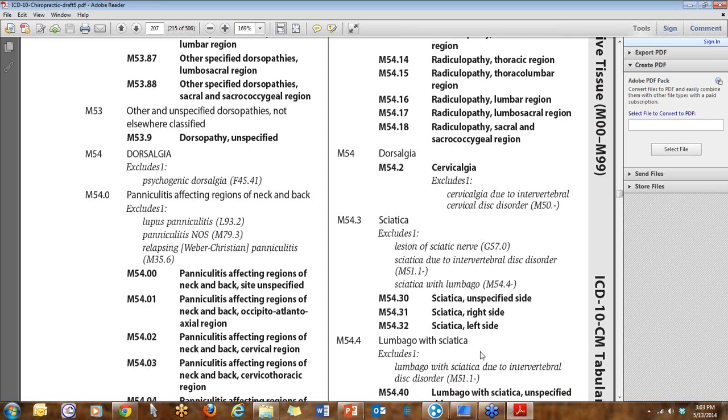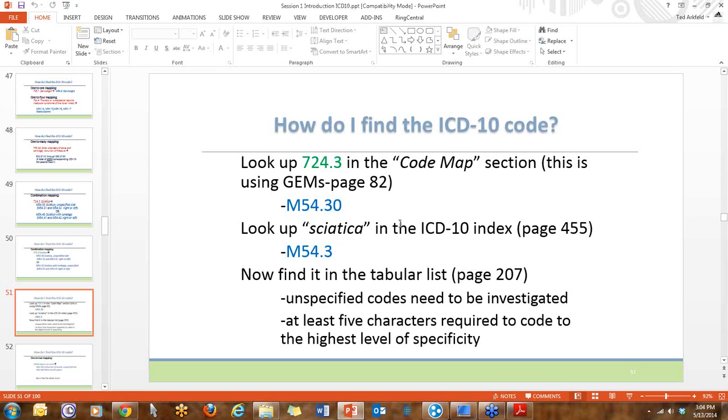So now if you just have sciatica, no low back pain, and we don't know what's causing it, so you don't know if it's a disc or not, you would stay with M54.31 if it's on the right, M54.32 on the left. So you'll see that right here. Look up sciatica, now find it in the tabular list. And then you don't want to use unspecified too often because after a while that's going to start being investigated. Investigated means asking for notes.